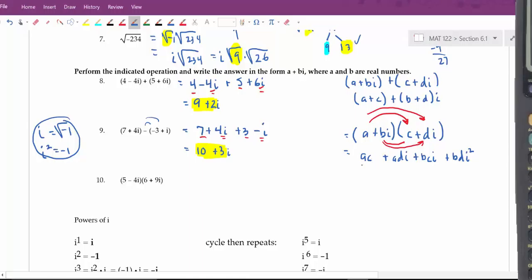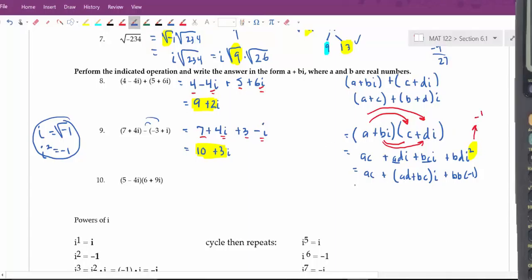So if we put this together, we'd have AC. These things would go together, so you could think of that as AD plus BC times i, and then this thing right here is BD times negative 1, because anytime you see i squared, that's going to get replaced with negative 1, because that's what it's defined to be.